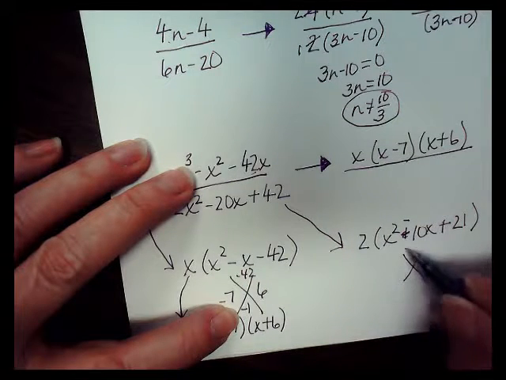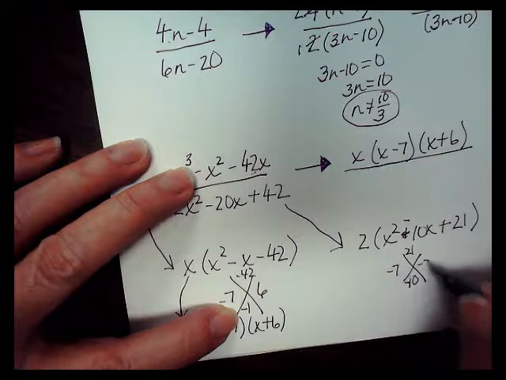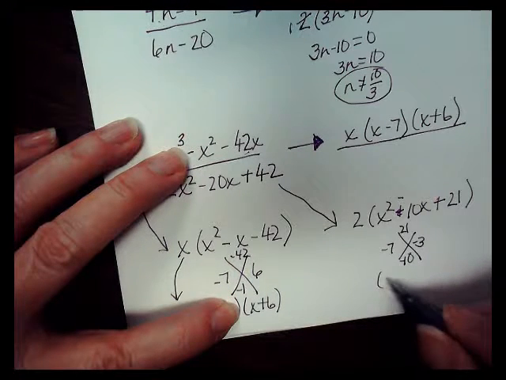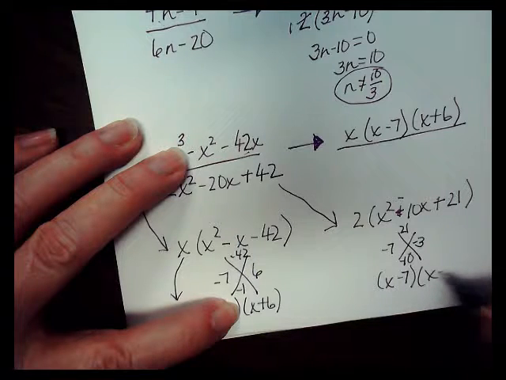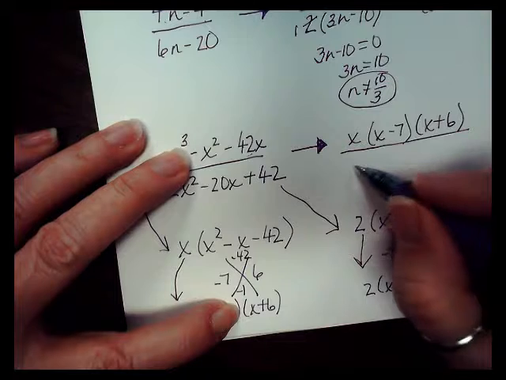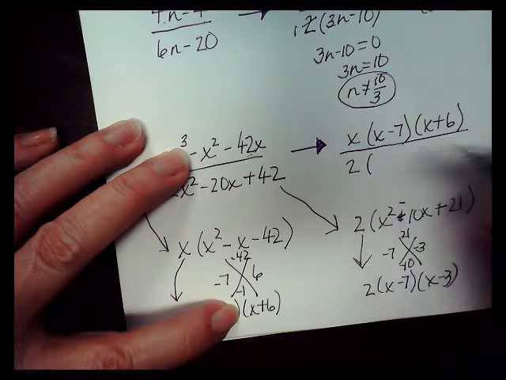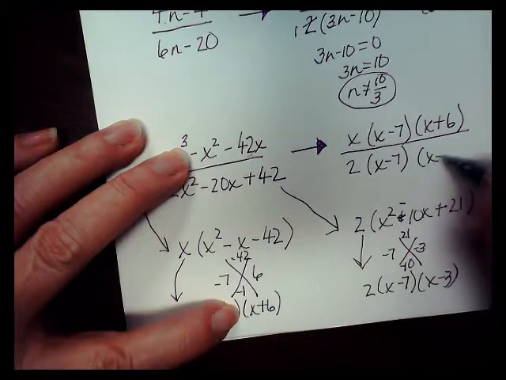And then it's 21 on top, negative 10 on the bottom. So it's going to be negative 7, negative 3. So I have x minus 7 times x minus 3, and then I have to bring this 2 down. So then I write it back up here. So 2 times x minus 7, x minus 3.